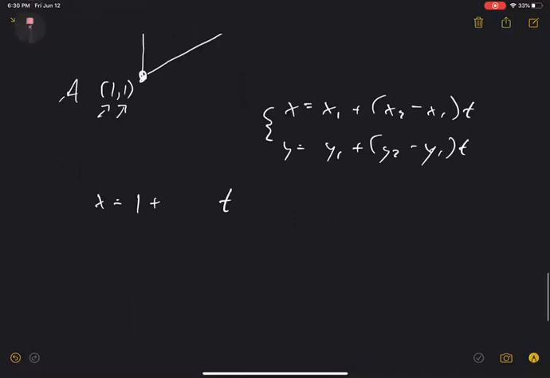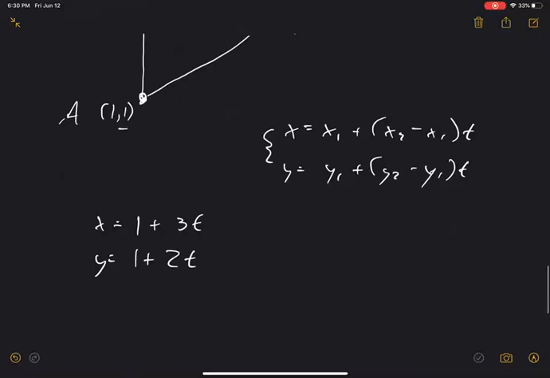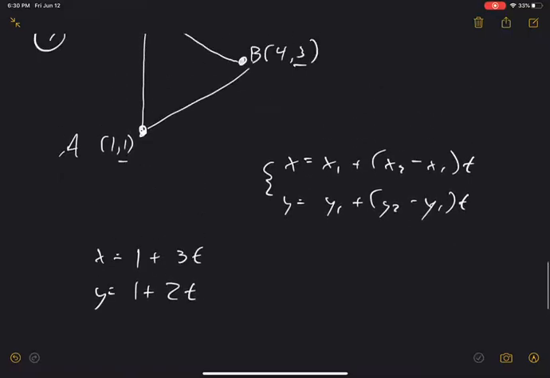I just write x equals 1 plus 3t. And what would my y be? My y1 is just 1 again. What's y2 minus y1? It'd be 3 minus 1, so y equals 1 plus 2t. So that's it, and then you repeat the process.